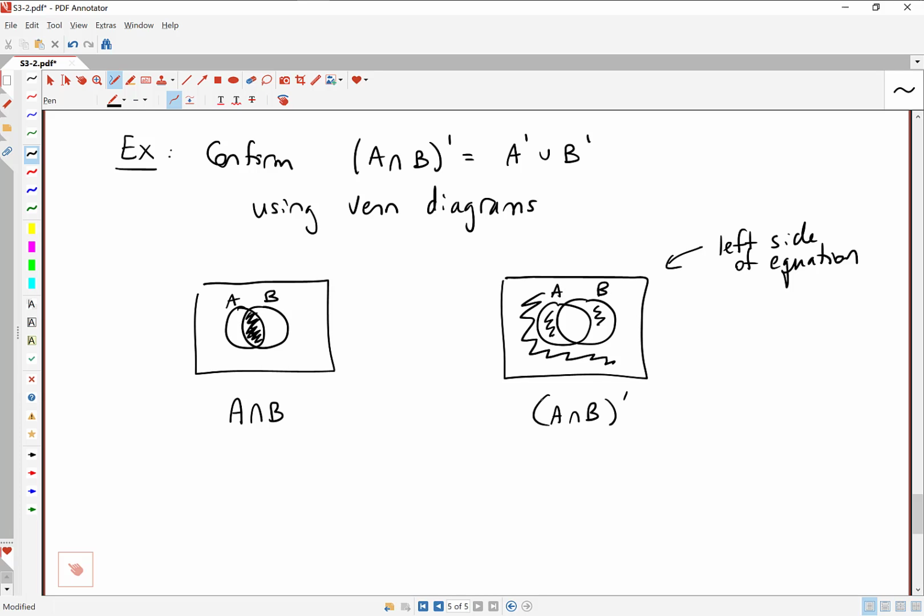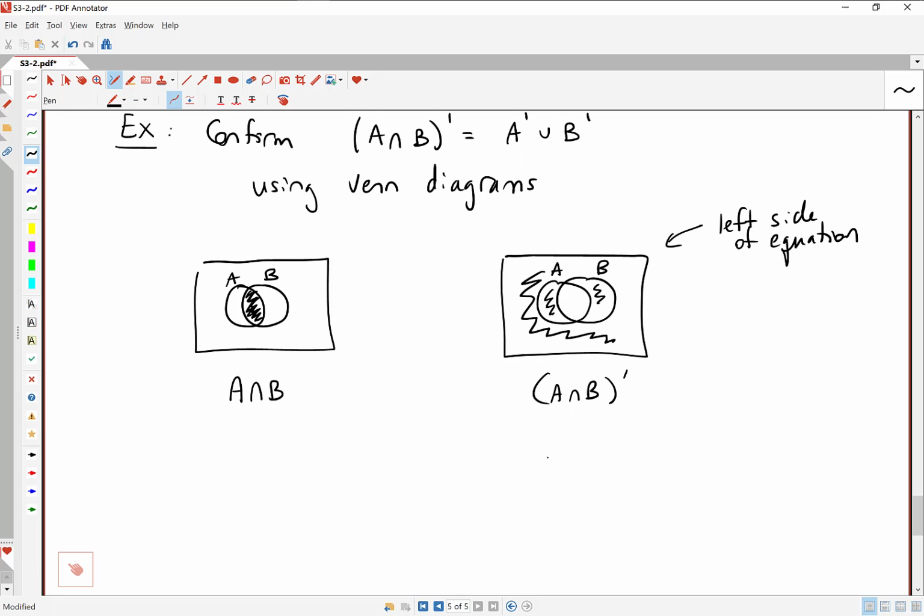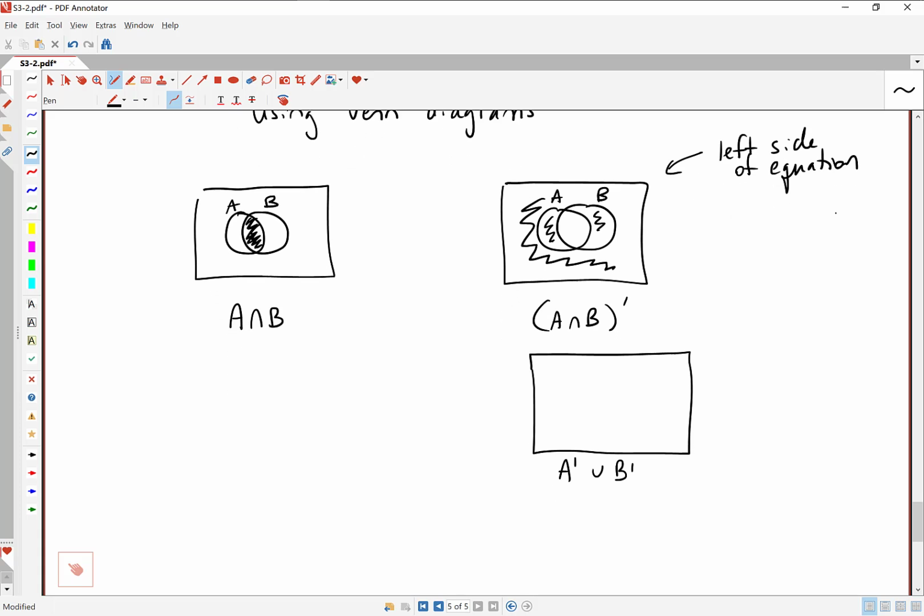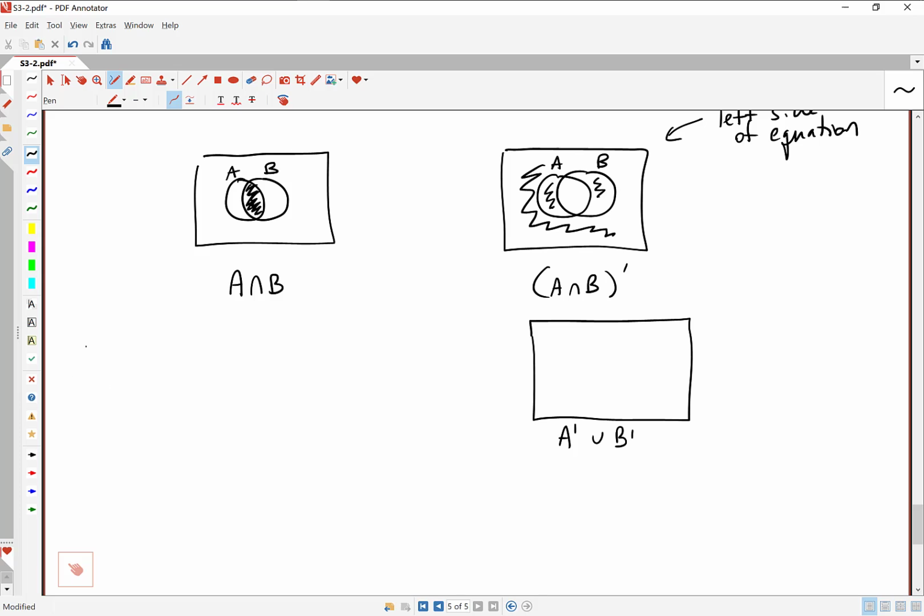Okay, now what we want to do is confirm that the left side of the equation is equal to the right side of the equation. So what we're working towards is a second diagram that shows A complement union B complement. And then we can do as many warm-up steps or intermediate steps to get there as we want.